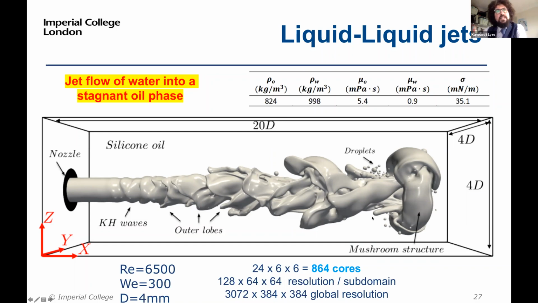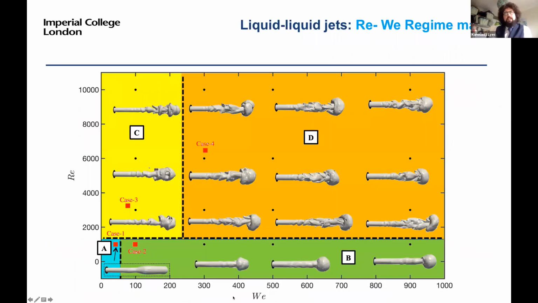atomization, and Ricardo managed to make this type of regime map when you vary the Weber number and the Reynolds number, and you have 4 zones. It's spread here, but the most important is this zone D. If we zoom into this zone, from the simplest to the more complex, that's what we have.